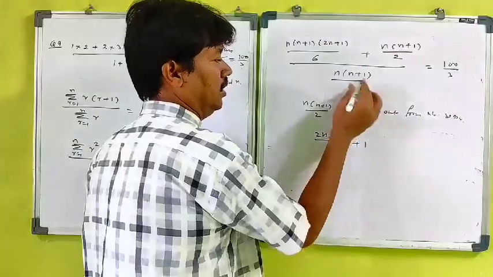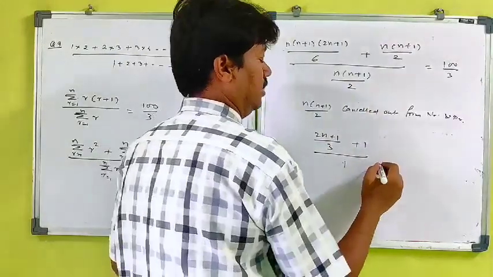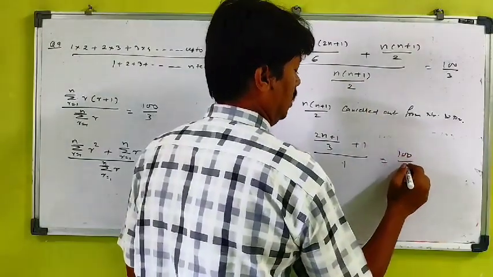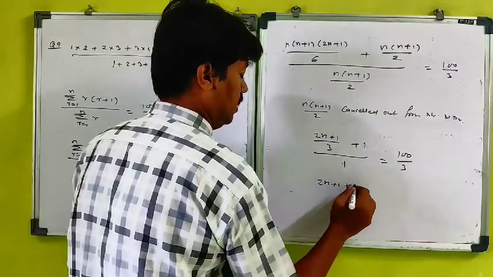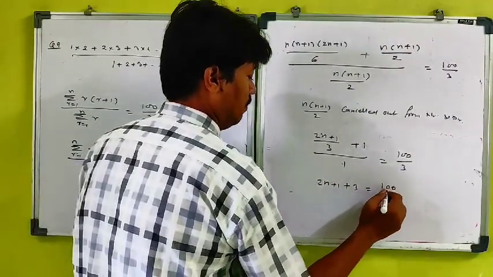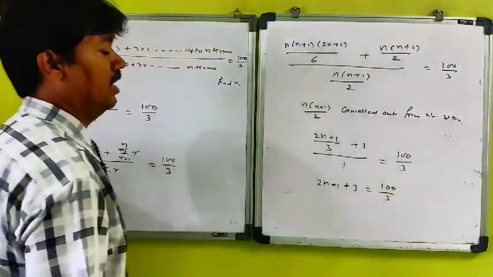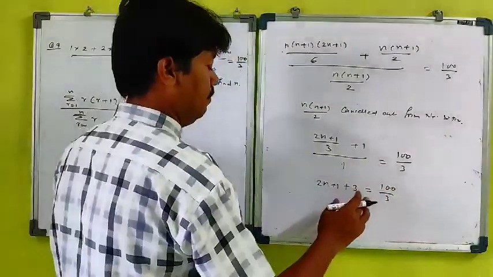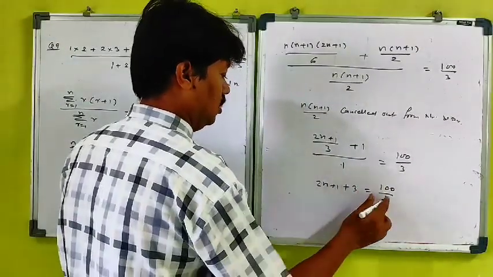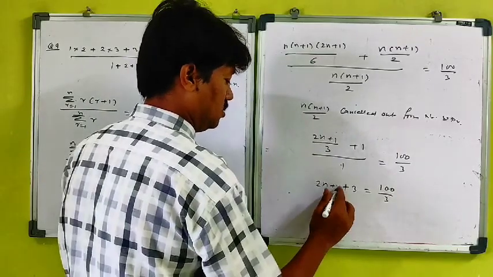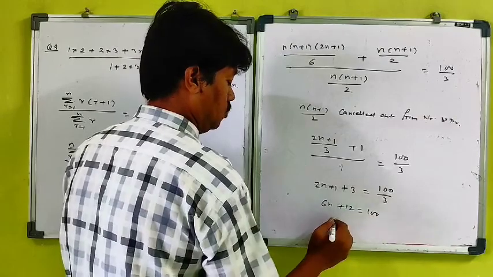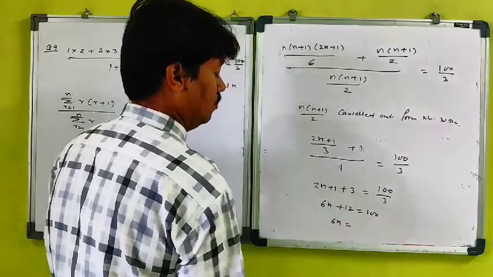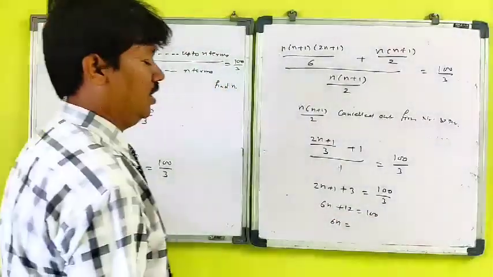Here 1 remains, and that is equal to 100 upon 3. That gives you 2n plus 1 plus 3 is equal to 100 upon 3. So that is 2n plus, multiply, 6n. This is 4 into 3, so it's 12. So 6n is equal to 88.